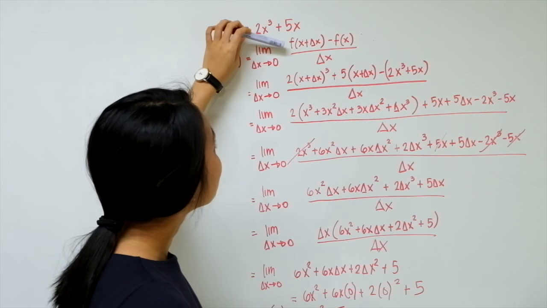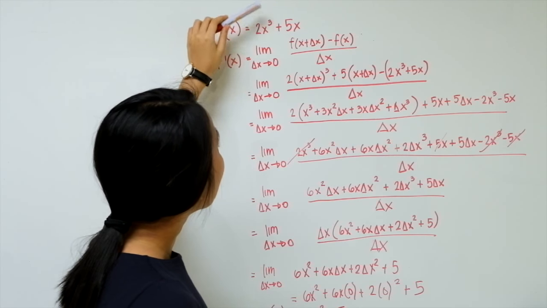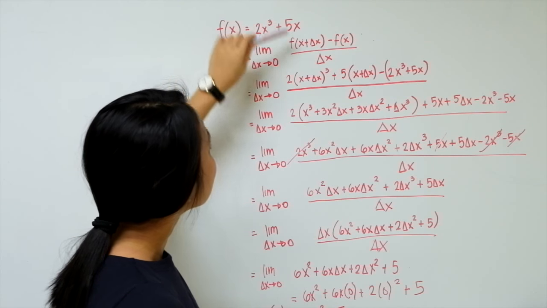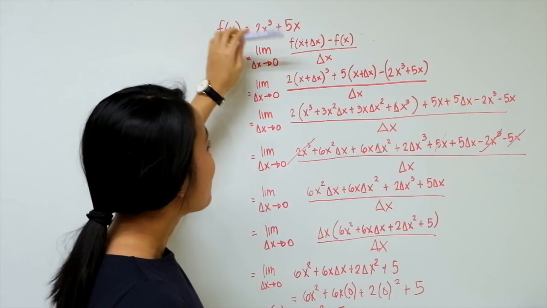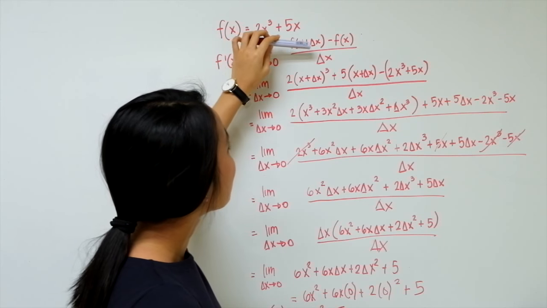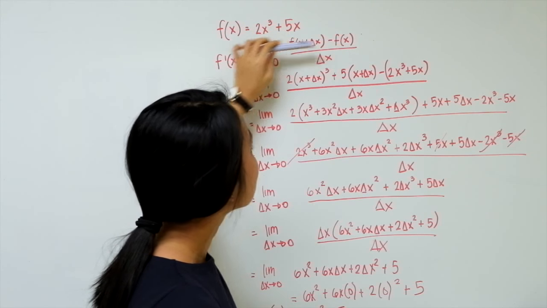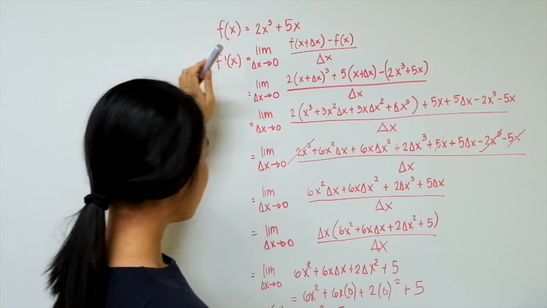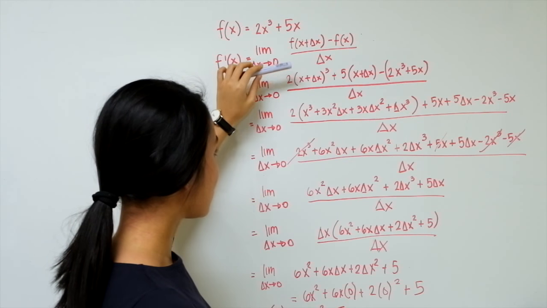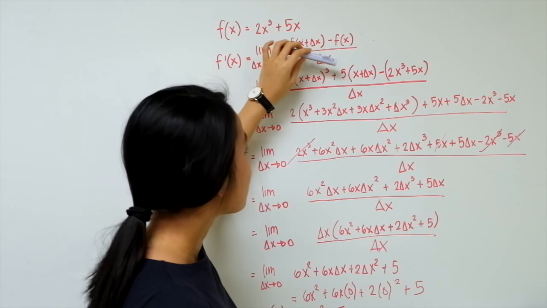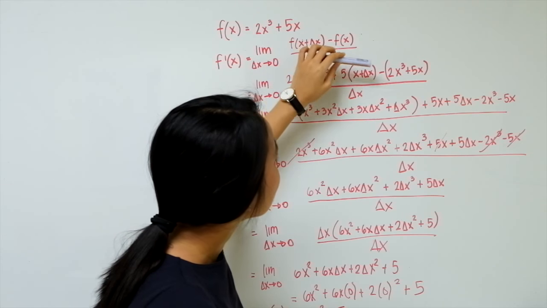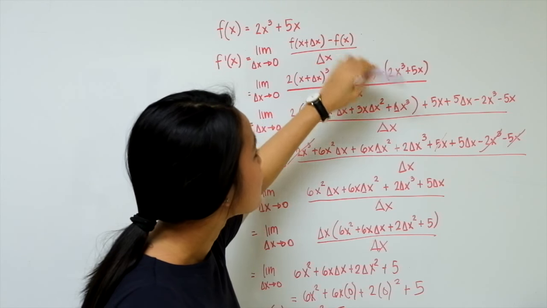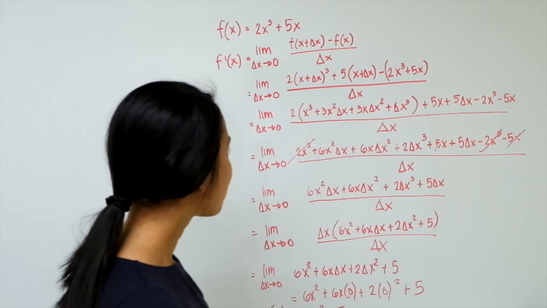So we are going to substitute the x's in the function with f quantity x plus delta x minus f of x all over delta x. So you get 2 quantity x plus delta x cubed plus 5 quantity x plus delta x minus 2x cubed plus 5x all over delta x.